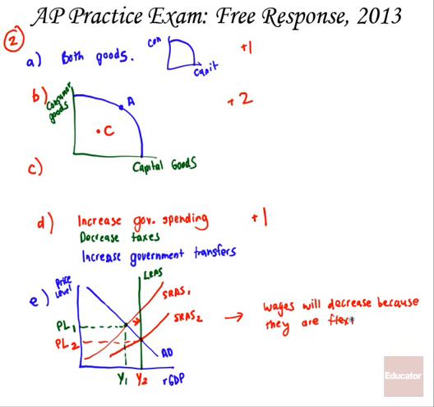They're no longer sticky. And as a result, and I'm just going to put an arrow, SRAS shifts to the right. Okay, so that will give you 1 point here. So you have 5 points overall for question number 2.